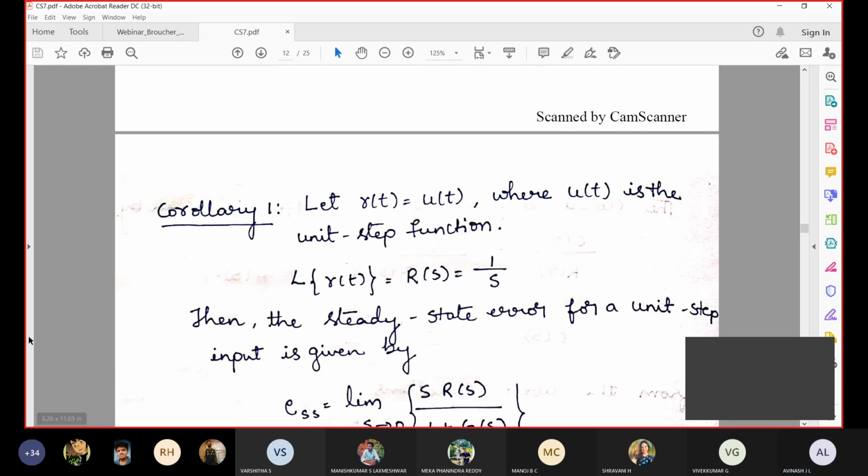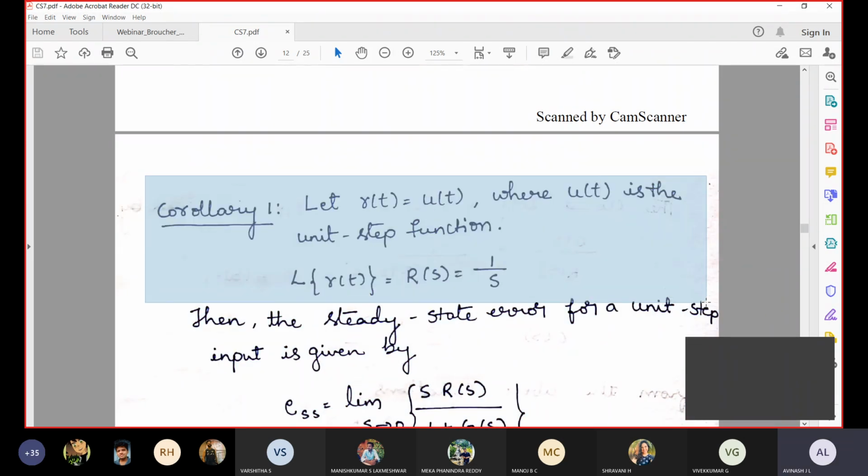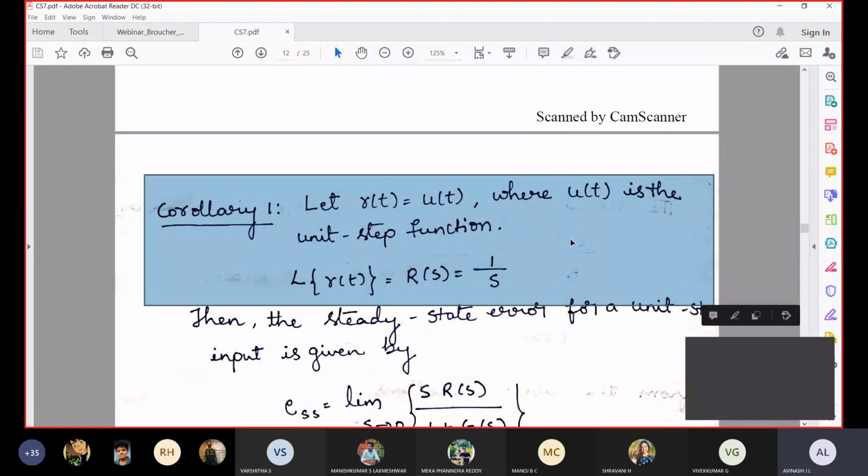Okay. So in that case, we can write this one. Let R of t equal to U of t, where U of t is the unit step function. Therefore, the Laplace transform of R of t is equal to R of s.